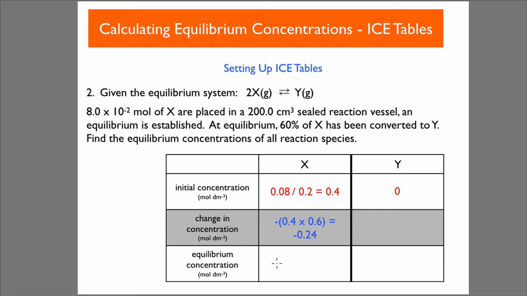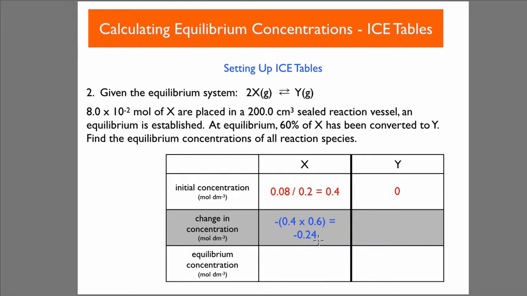We can see that at equilibrium 60% of X is going to be converted to Y. So we need to find what 60% of 0.4 is. You can actually do this just by multiplying by 0.6, and the change in concentration will be 0.24.